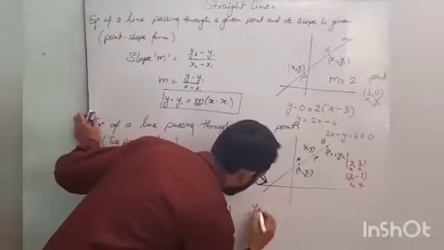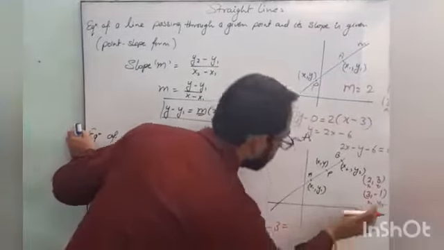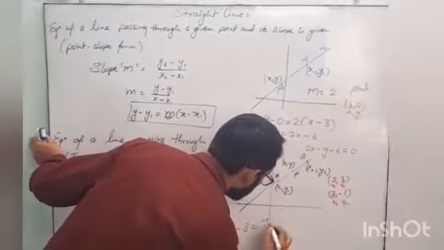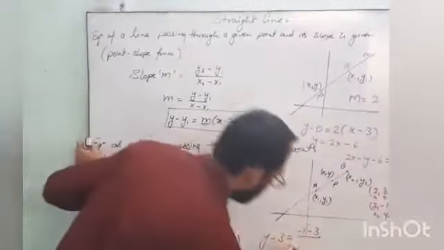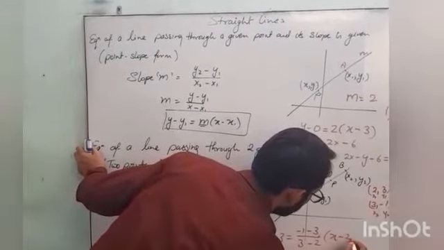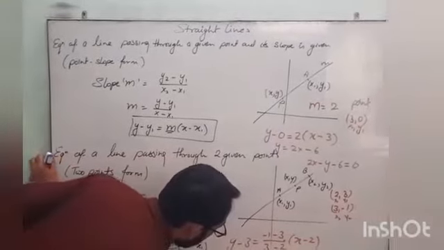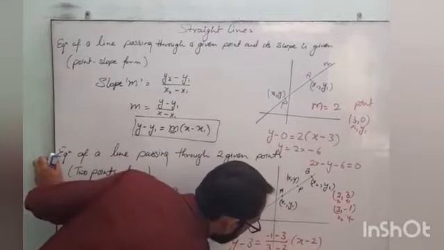So y minus y1, and y1 is 3, equals y2 minus y1, meaning minus 1 minus 3, upon x2 minus x1, that is 3 minus 2, times x minus x1, that is 2. So y minus 3 equals minus 4 upon 1, times x minus 2.